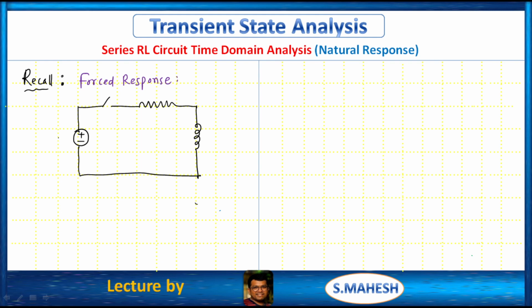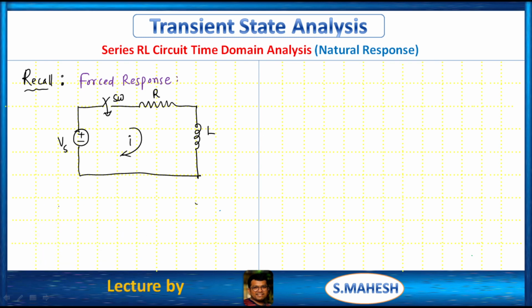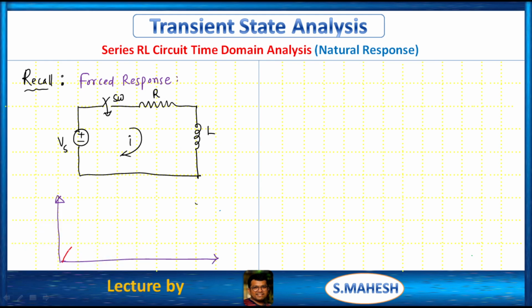This is Vs, this is the switch, this is R, this is L. When the switch is closed we have a current, that is the forced response. So for this the response is exponential.